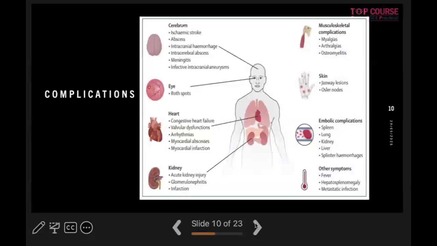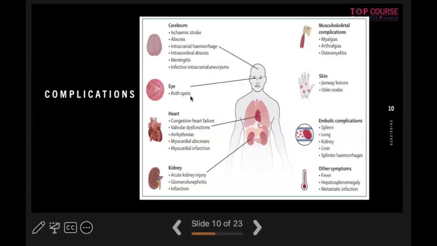So infective endocarditis is associated with a wide variety of complications, including cardiac, where the patient can have congestive heart failure, valvular dysfunctions, arrhythmias, myocardial abscess, and myocardial infarction, which could be indications for immediate surgery. In the brain, there could be stroke, abscess formation, intracranial hemorrhage, intracerebral abscess, meningitis, and infective intracranial aneurysms, which could rupture.